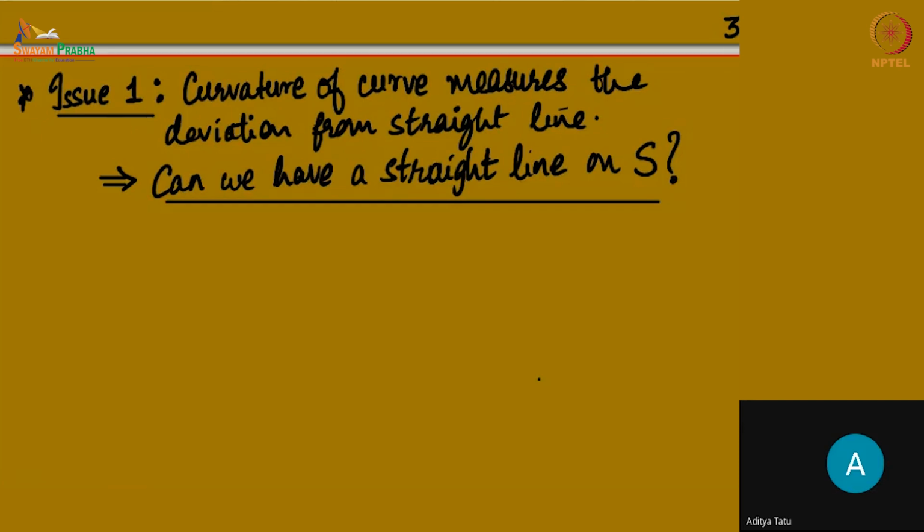If we try to capture curvature of a curve, we've already seen it captures how much the curve deviates from being a straight line. Now, if we try to capture the curvature of curves on the surface, is it fair to do that? Simply because if the surface is curved, the first question is, can we have a straight line on a surface?